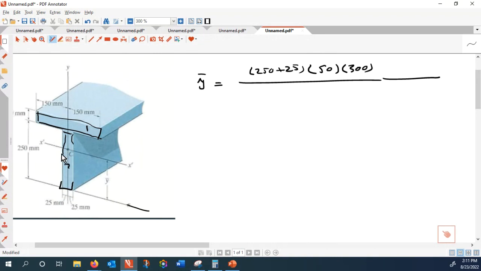The centroid is in the middle, that's 125, times the area of this one, which is 250 times 25 (sic).